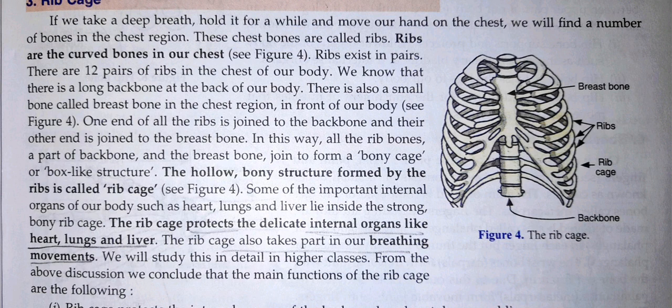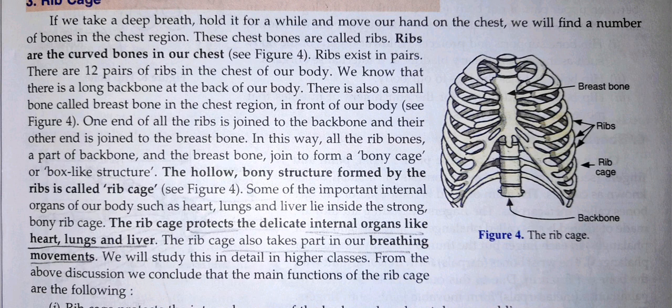There is also a small bone called the breastbone in the chest region. You can see the previous video also, or you can see here. See this breastbone. It is in the front of our body.